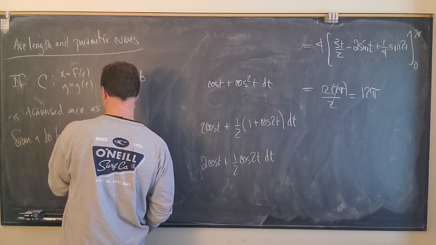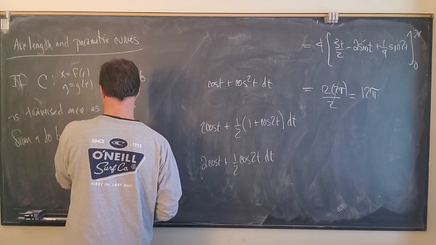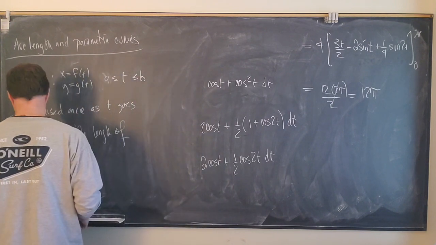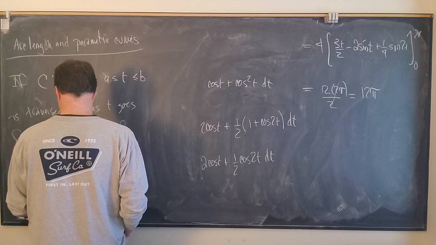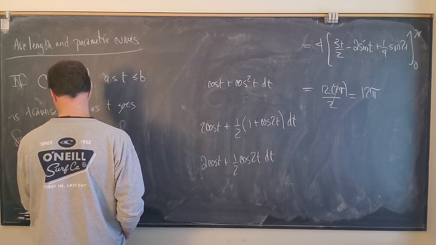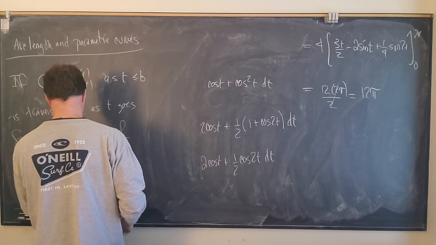So then the length of C is, so let me use the correct symbol. It's a little s is usually used for arc length.